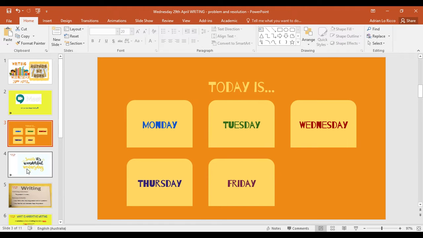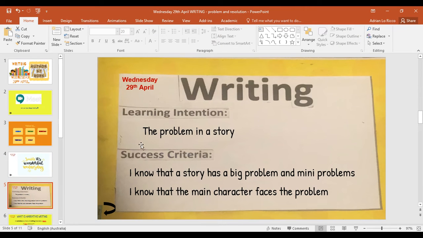Okay, today is Wednesday. Our learning intention: the problem in a story. So we're really going to focus on the problem, which is here. Every story needs a big problem in the story and even mini problems as well. To be successful, I know the story has a big problem and mini problems. I know that the main character faces the problem.